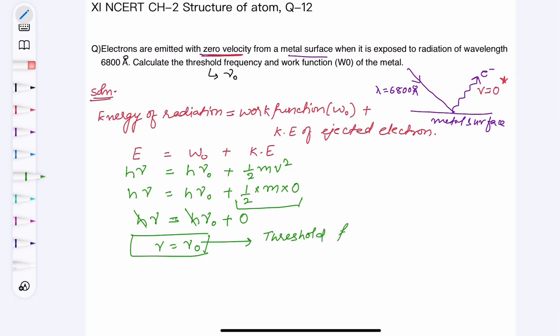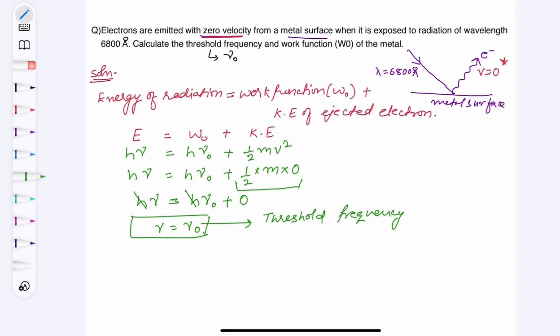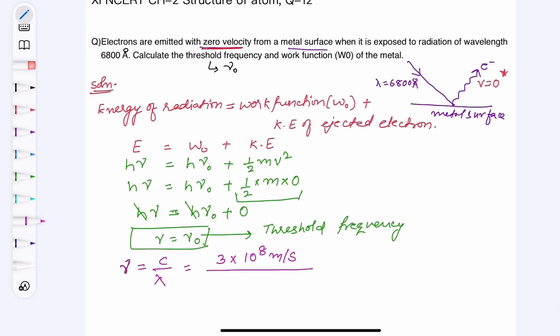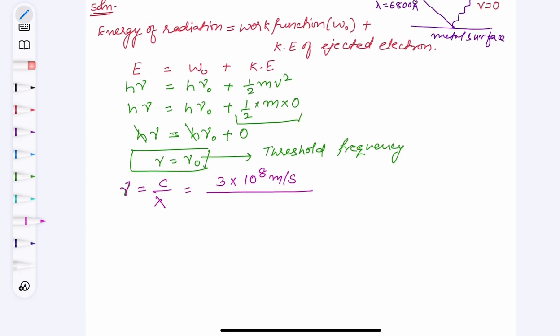Now this threshold frequency is nothing but equal to your frequency, and the formula which you know for frequency is c by lambda, where c is the speed of light, 3 into 10 to the power of 8 meter per second, and lambda is given in the question, that is 6800 angstrom.